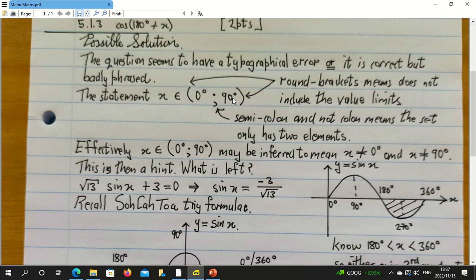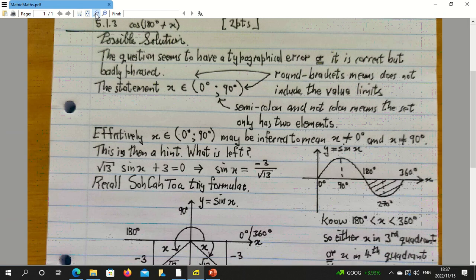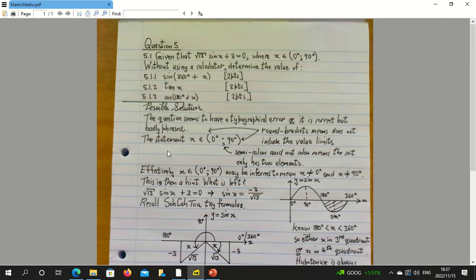The problem is not inconsistent if you realize that the round brackets do not mean x is in the range from 0 to 90. That's the trick. They didn't put the square brackets, they put the round brackets. Therefore, the problem is potentially solvable.